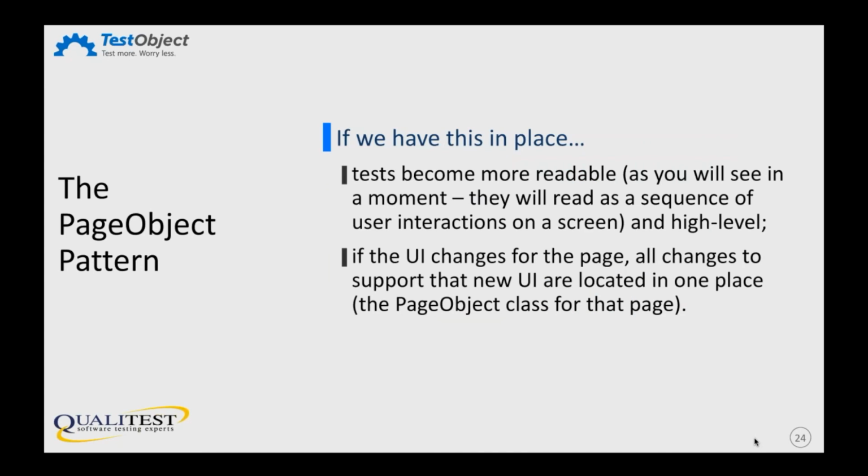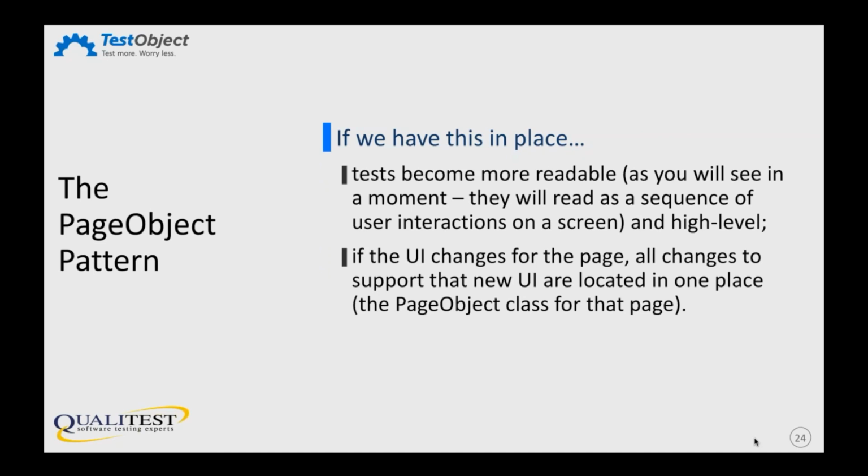Okay, so let's say we apply this, and we're going to apply it very soon. What is the benefit? Immediately our tests become more readable. As I was saying before, they read as a sequence of user interactions on a screen. So we're talking about something that is way higher level than the starting code we saw just a few minutes ago.